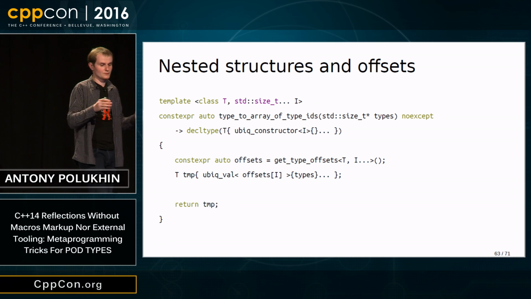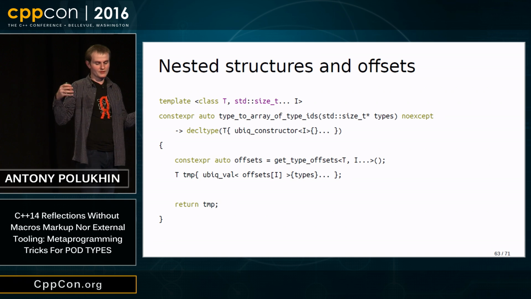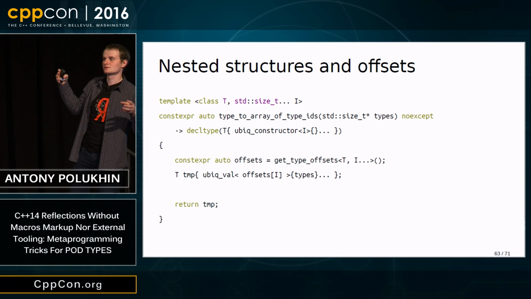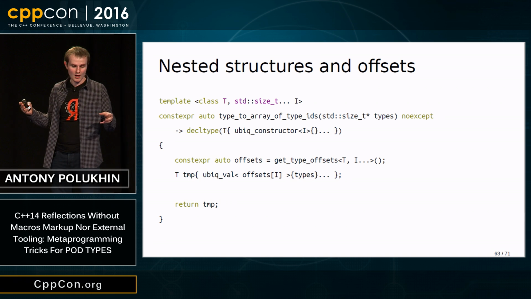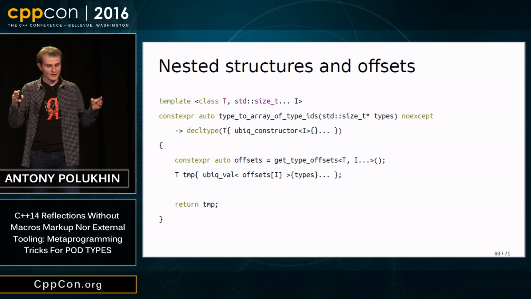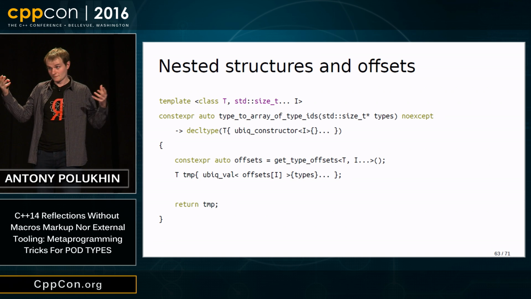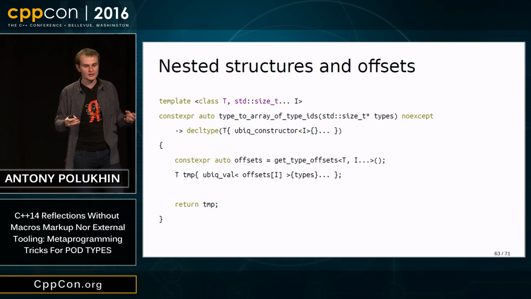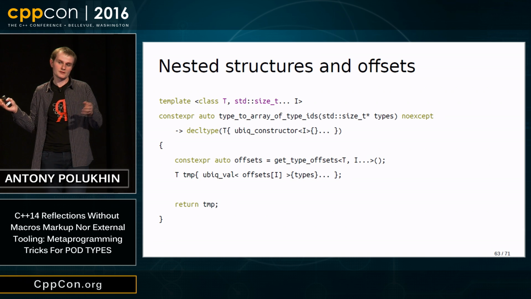In the second line, we do the aggregate initialization of structure T. We create a lot of ubiq instances, and each ubiq instance gets the offset, whereas it's safe to write the information about type or multiple types. After that line, we get all the types of the structure, all the information about the fields of the structure in the output array types. The other code didn't change. We just convert identifiers back to types.